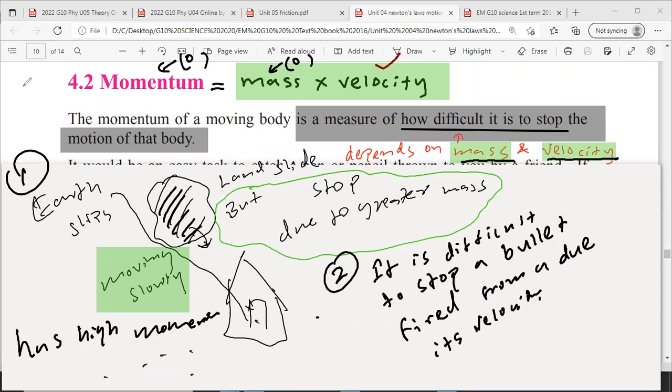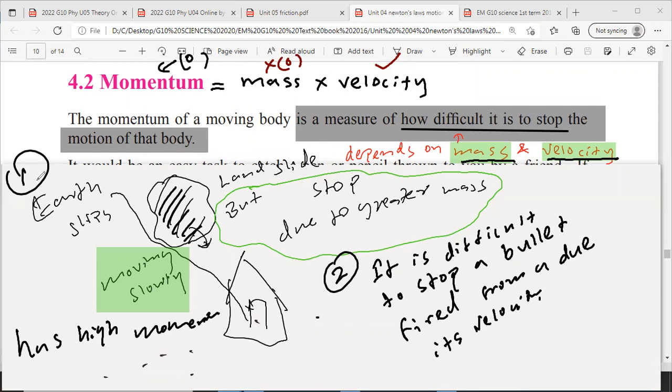So then let's see what this is. You can derive the equation for this momentum. Look at the screen everyone. If the mass of the object is m, then u is the initial velocity and v is the final velocity.